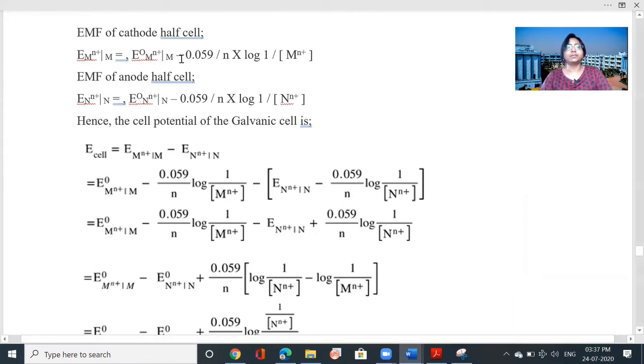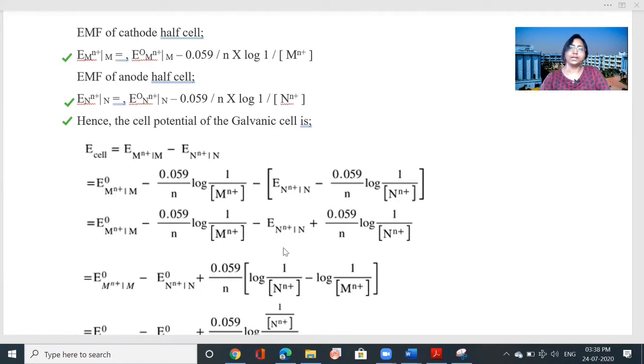So we will get minus 0.059 by n into log 1 by [M^n+]. In a similar way, we can calculate for the M metal, and we can do it for the anode half cell, that is for the N metal.